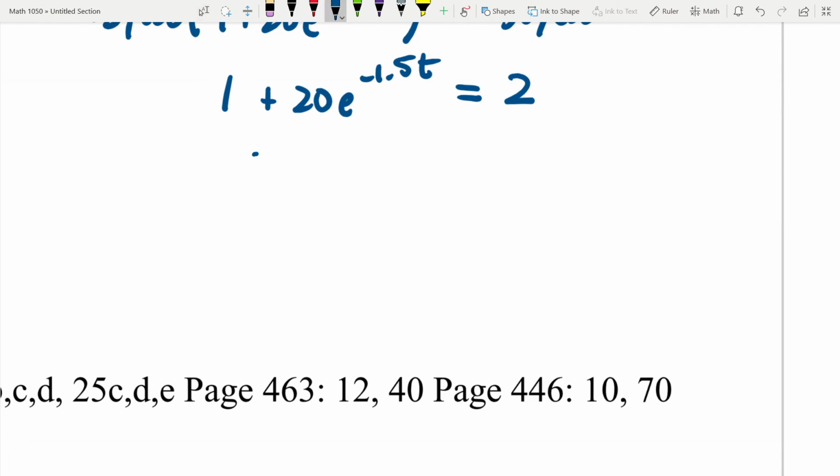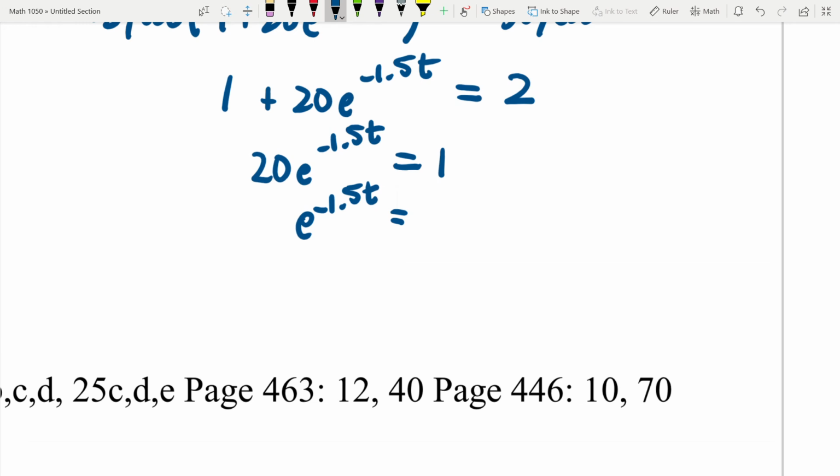Move your 1, right? So you have 20e to the negative 1.5t is 2 minus 1, which is 1. Do I convert right now? No, you have to see it right, guys. You see 20y equals 1. So what do? Divide. So I have e to the negative 1.5t is equal to, everybody go 1 divided by 20.